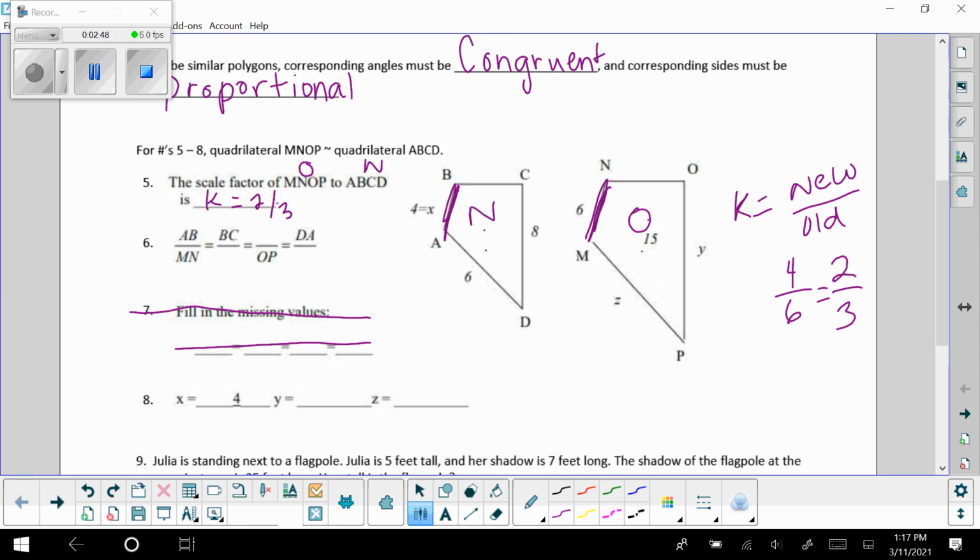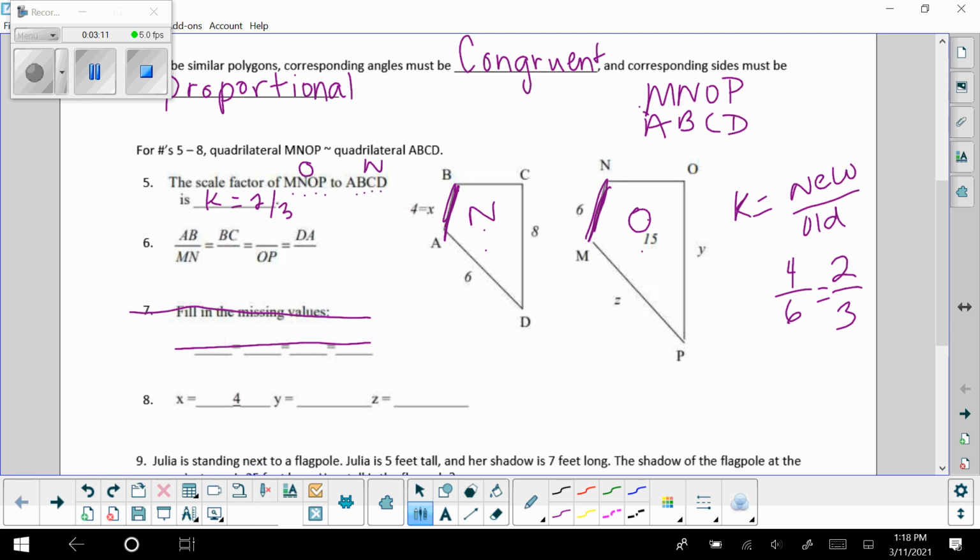On number 6, you're filling in that statement of proportionality. So you have to look at the placement of these letters. I like to stack them on top of each other, like this, so I can see what goes with what.